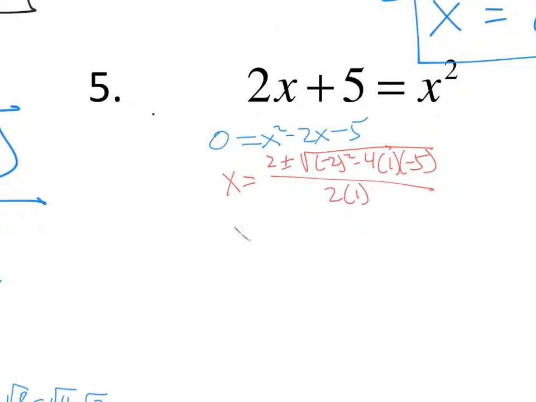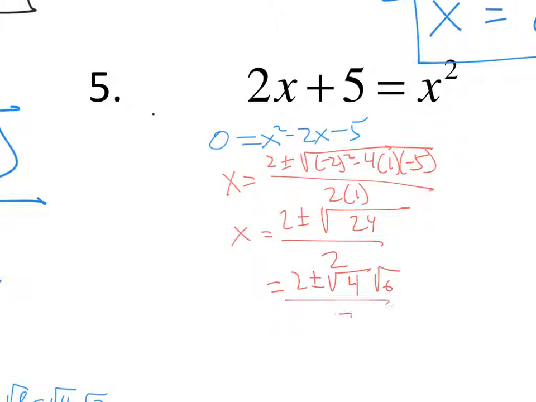And so we have x equals 2 plus or minus the square root of 4 plus 20. Watch out for that negative. So this is going to be the square root of 24 all over 2. The square root of 24 is the square root of 4 times the square root of 6, which is 2 square root of 6 all over 2.